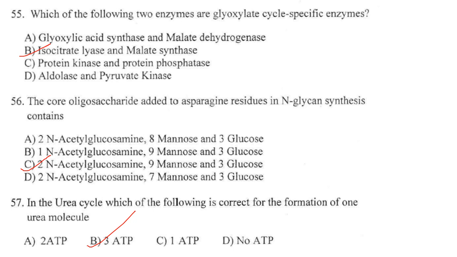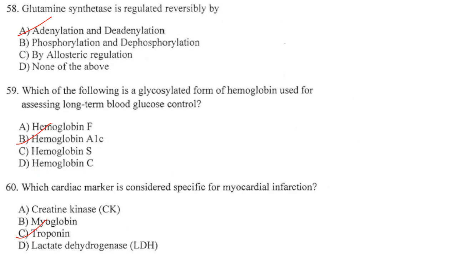Answer is option C. Then in the urea cycle, which of the following is correct for the formation of one urea molecule? For one urea molecule in the urea cycle you need 3 ATP molecules. Answer is option B. Then glutamine synthetase is regulated reversibly by adenylation and deadenylation.